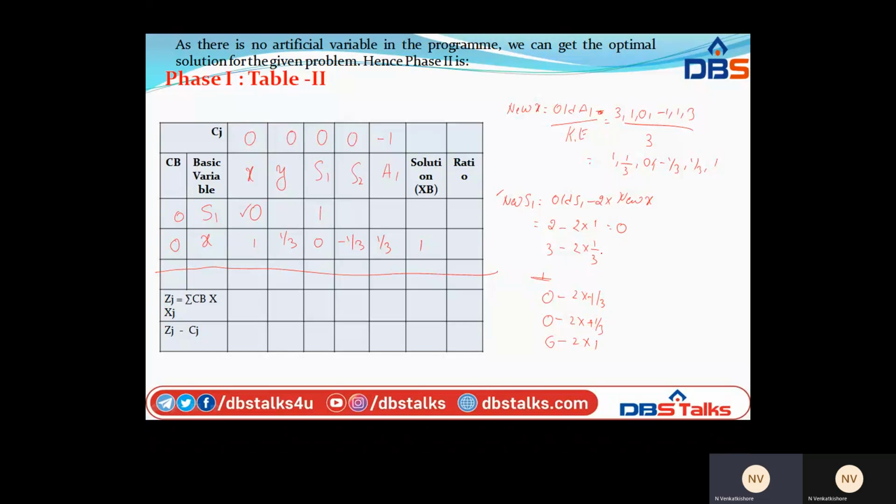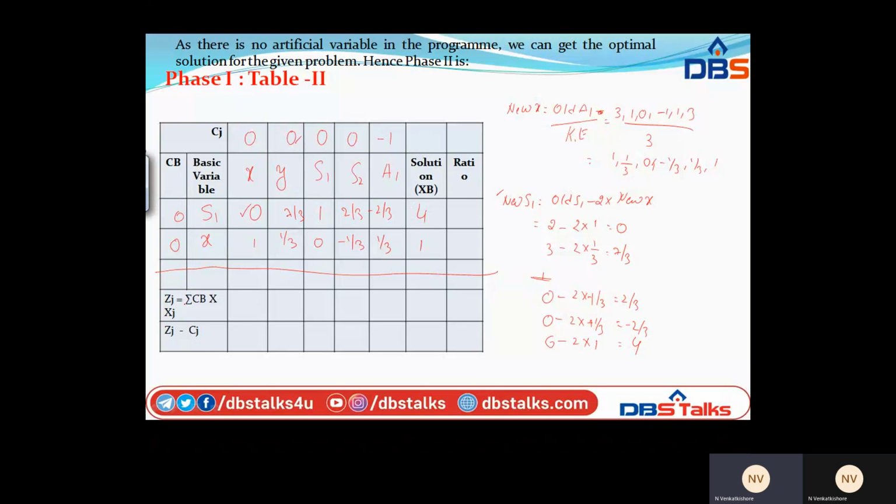So 0, this is how much? 7 by 3, this is already 1 there. So 2 by 3, minus 2 by 3, and this is 4. Substitute all the values here: 7 by 3, 2 by 3, minus 2 by 3, 4. Then now the solution has come.